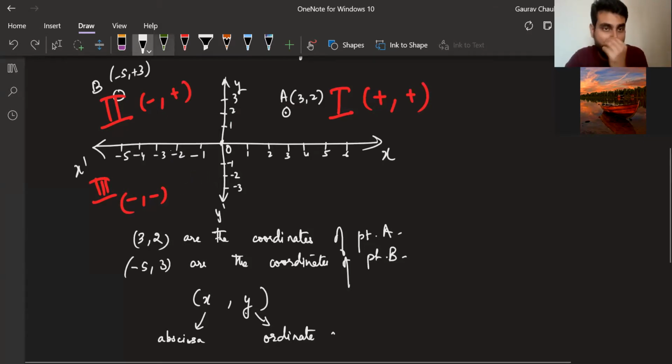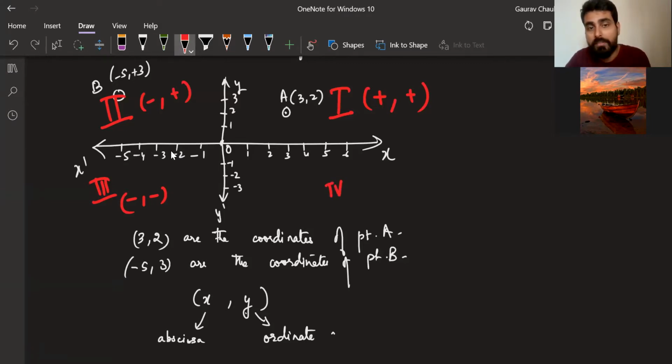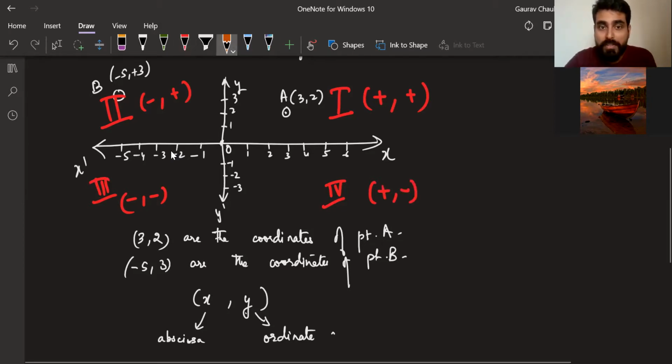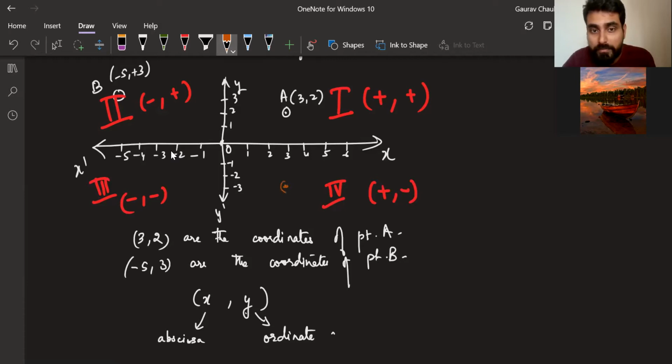And the fourth quadrant is where x is positive but y is negative. If I take a point here, I will get x as 3 and y as -3. So this is 3 comma -3.